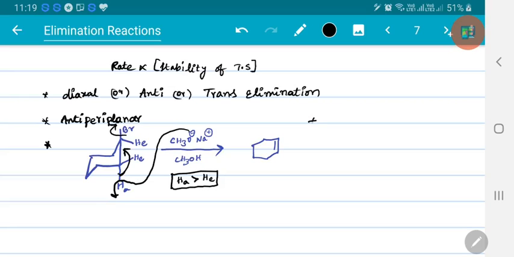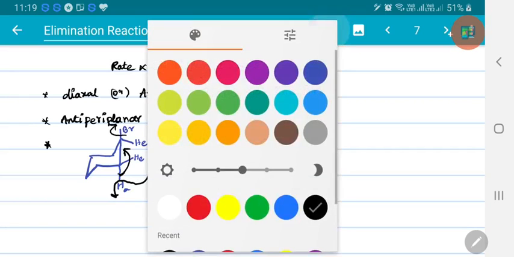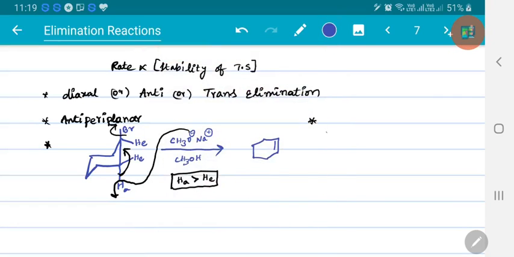If I consider any bulky system, for example, I have taken bromine here. Now you have hydrogens here as well as here, beta hydrogens in both directions.